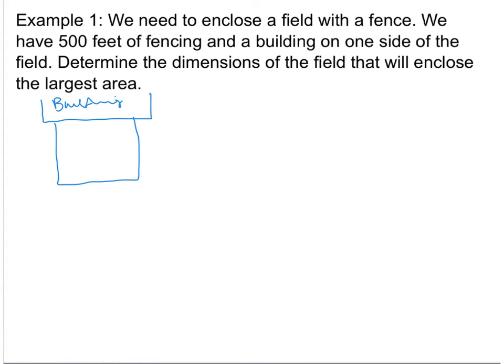And so the fencing will need to be on this red part right here. These will be the same length, and this will be the same length as the side along the building, but I don't need fence along the building. So the perimeter of my field is going to be 2x plus y, and the amount of fencing that I have is 500 feet. So I can set up that constraint.